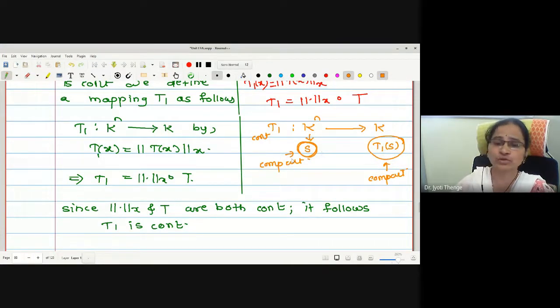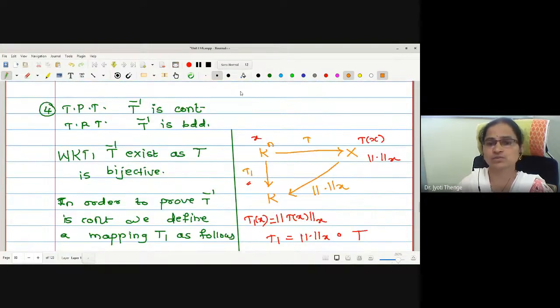We are going to make use of this compactness to show the set is bounded, so that the infimum exists. With the help of the infimum of this set, we are going to show the inequality for T inverse to be continuous. What is the inequality I should prove for T inverse to be bounded?